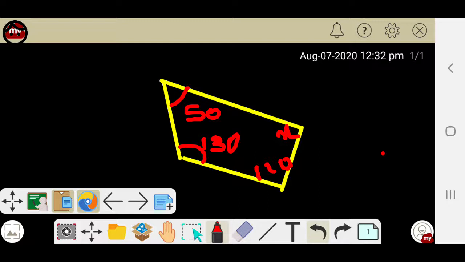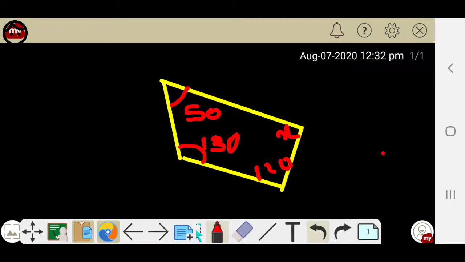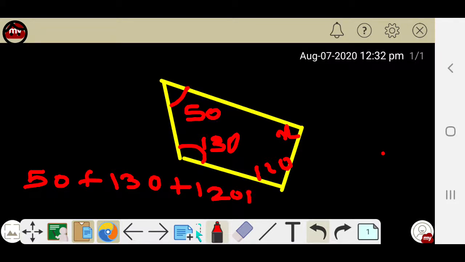You all know that for a quadrilateral, the total sum of interior angles equals 360. So what can we write? 50 plus 130 plus 120 plus x equals 360.